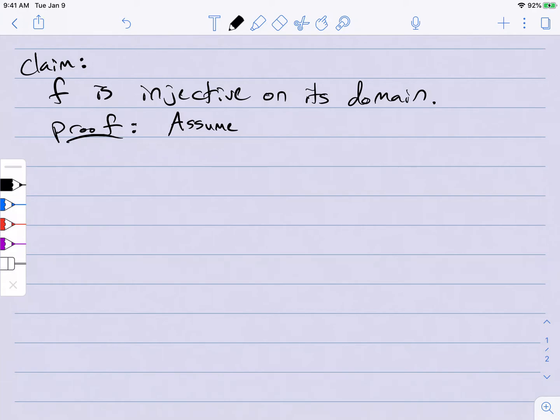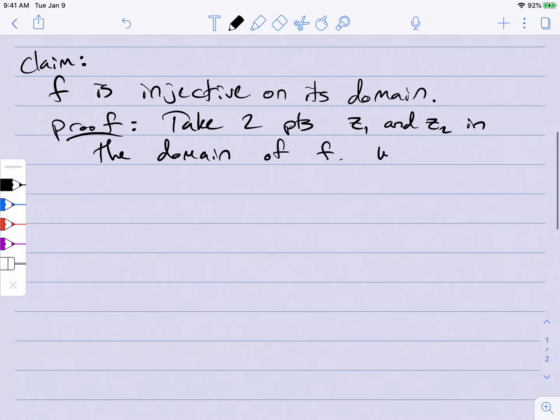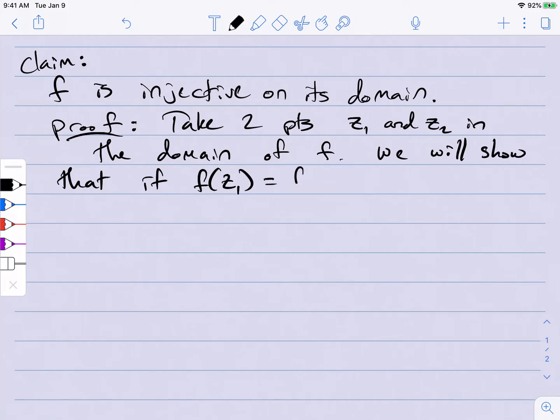Well, let's just take 2 points, z1 and z2 in the domain of f. We will show that it's injective, which means that if f of z1 equals f of z2, then z1 equals z2.